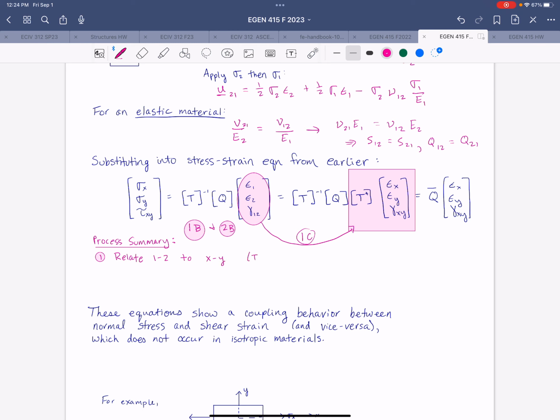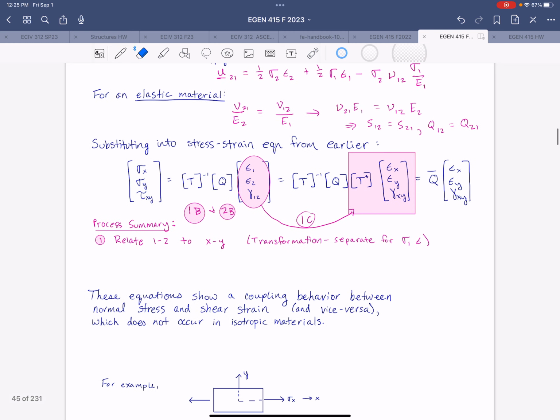All right, so that's applying transformation. And we have separate equations for working in terms of stresses versus strains. So depending on which one you're given, that will tell you which set to use.